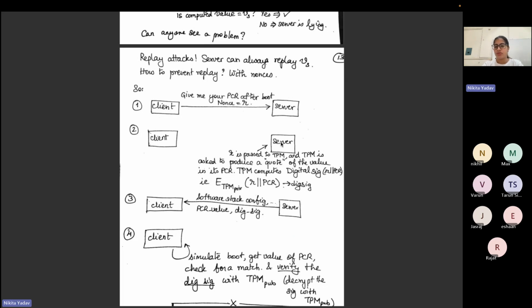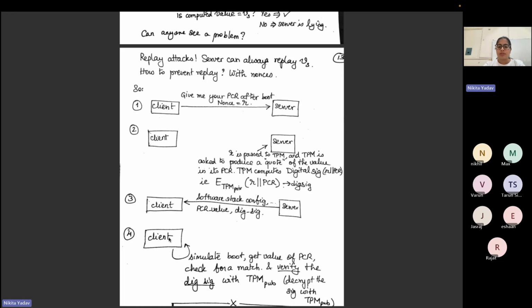So it's not trying to cheat actually. It's doing exactly what you have asked it to do. It's starting the right software stack. It's giving you the right value of the PCR with the right digital signature and everything. So till step 4 everything is good, you are able to verify the value, it matched and everything is good.